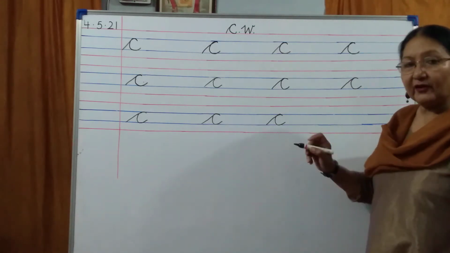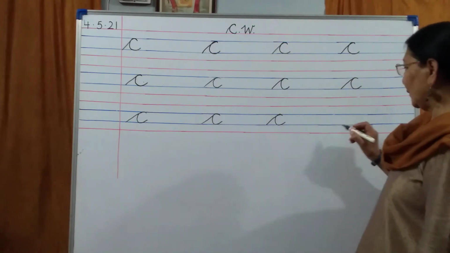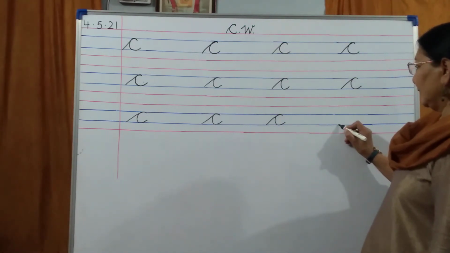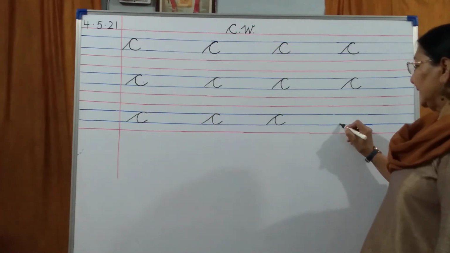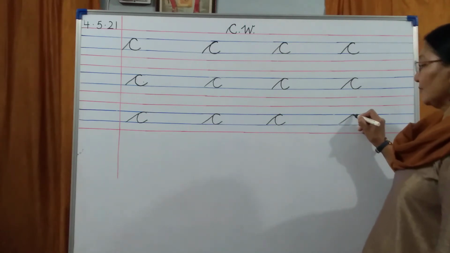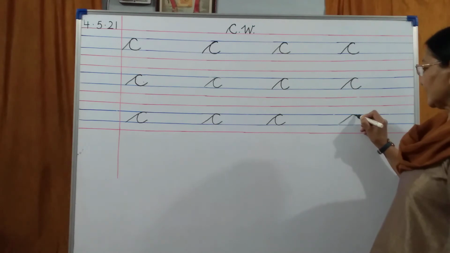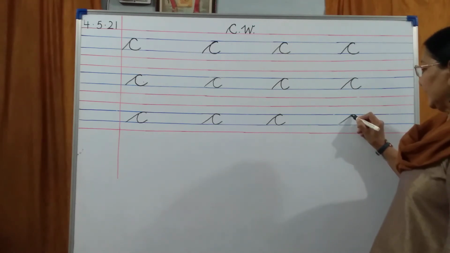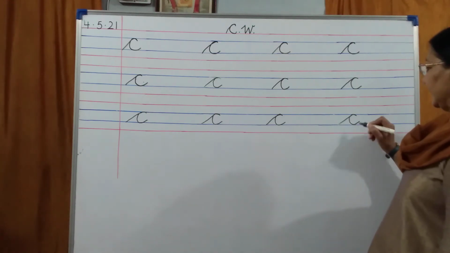Everybody, the children who cannot write will see the video again and again, and you will know how to write. Put your pencil on the lower blue line. Make a slant line to the upper blue line. Turn a little in front, small curve. Bring it down to the lower blue line and go up like this.